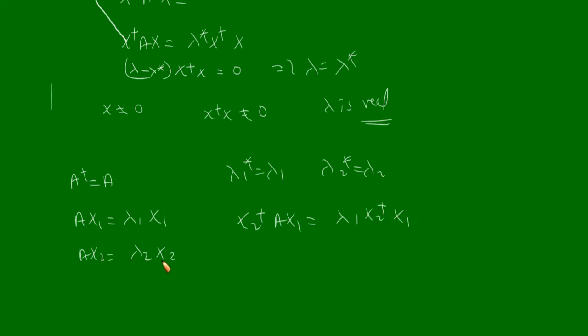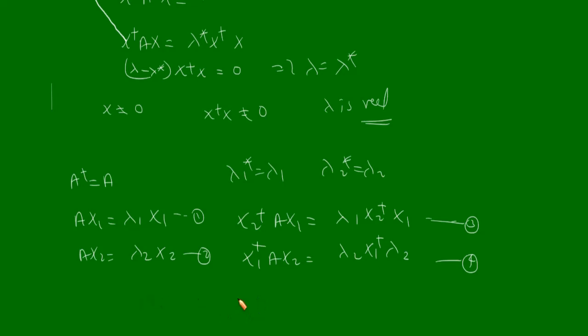And if I pre-multiply the second equation by x1 dagger, then x1 dagger A x2 will be equal to lambda 2 x1 dagger x2. Okay, now this is equation number 1, this is equation number 2, this is our equation number 3 and 4.